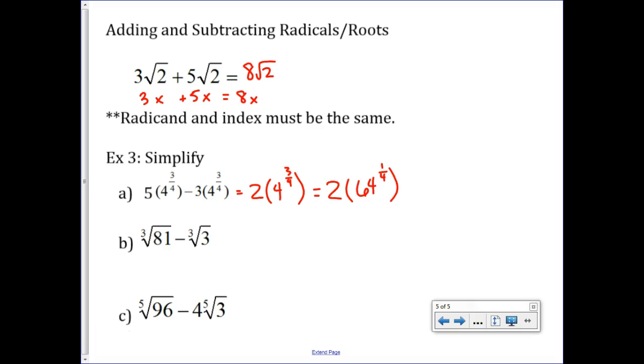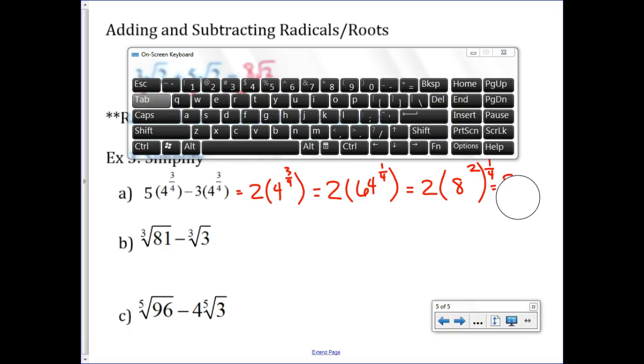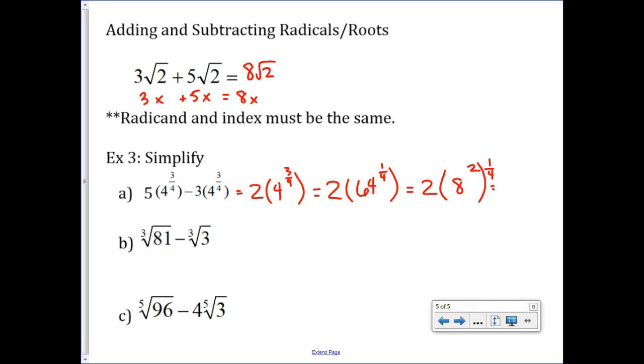The 4th root of 64 we can't do anything with, but we do know that 64 is the same as 8 to the 2nd, to the 1/4, so that's 8 to the... Keep that 2 out front. So we have 2, and then 8 to the 2 over 4, or 8 to the 1/2.